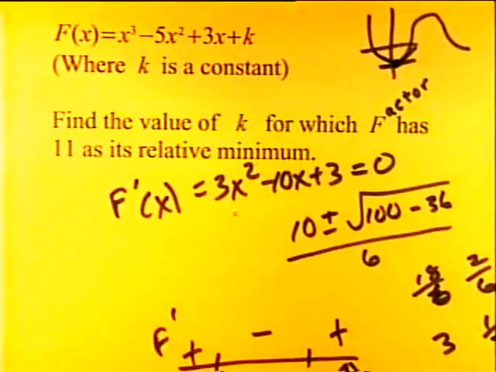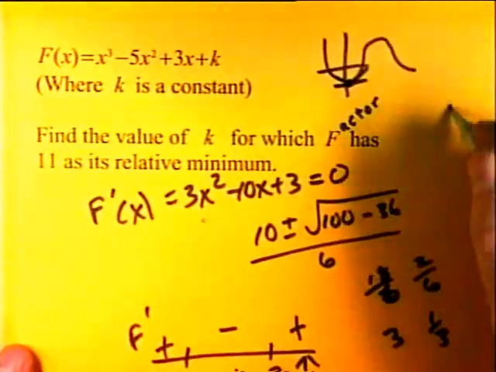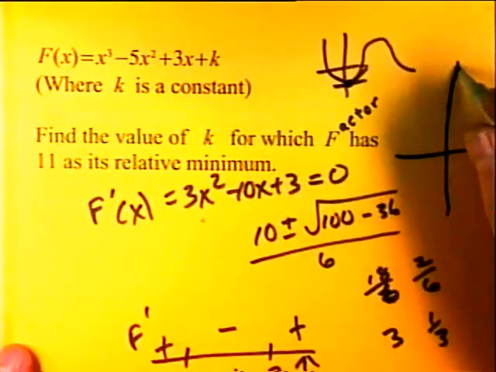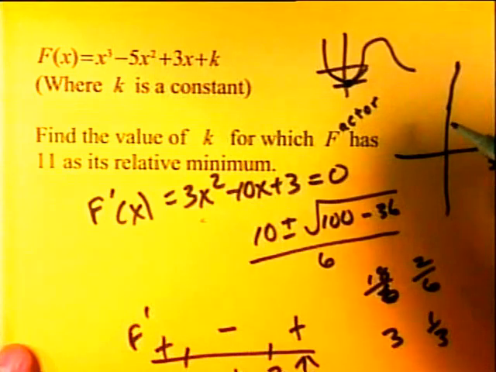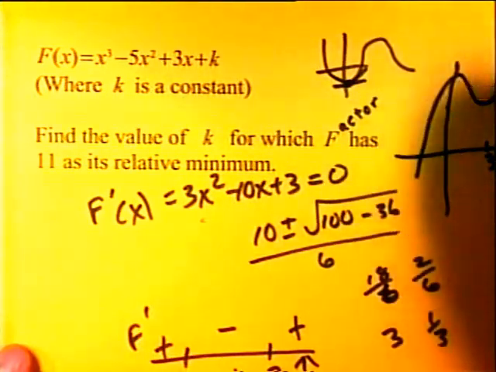So now let's see if we can answer the question. At x equals 3, we know the function has a relative minimum, and we want 11 to be that relative minimum. So plug in 3 for x.